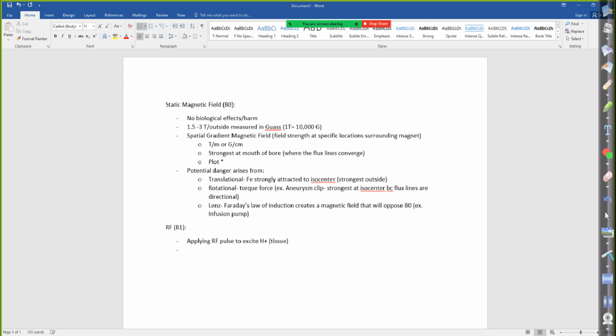So our concern, so let's put potential danger arises from two things. What are those two things? Heating and burns. So overheating.